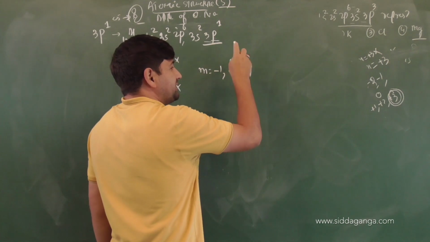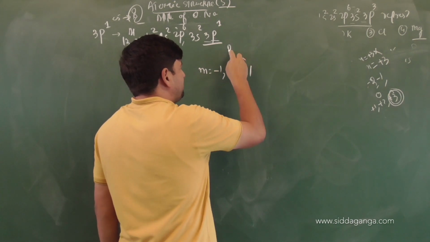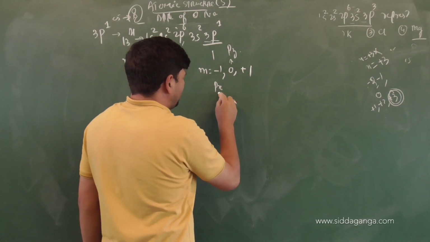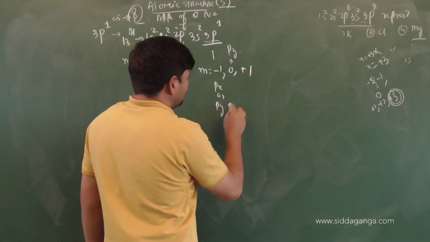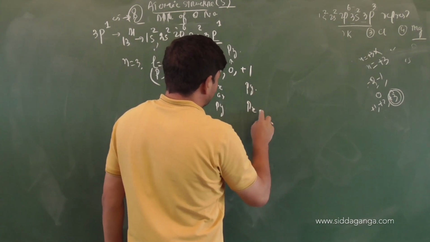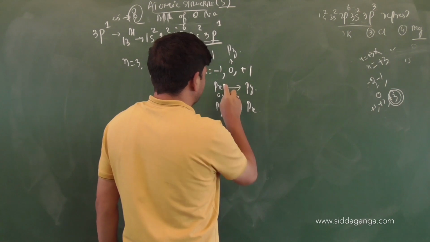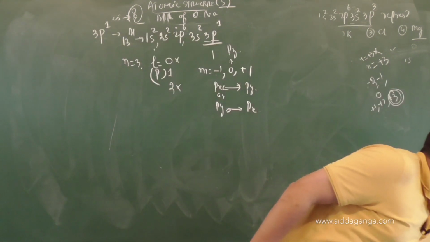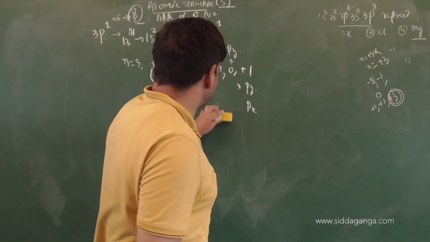So from d, dz square, and from p it will be Pz. So -1 will be Px or Py, and this one will be Py or Px, depending upon which of the two you have represented. Is it clear? Let me not complicate it for you here. Let me make it simple for you.